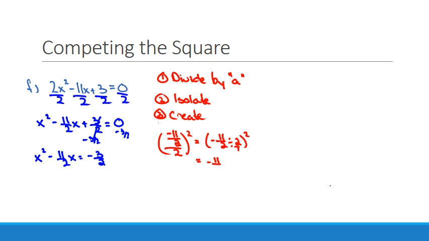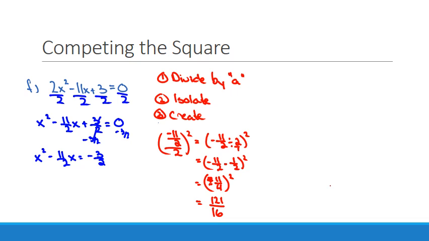Remember that we really multiply by the reciprocal. So it turns to -11 over 4. Sorry about that, I'm so sorry, guys. Now I square it, so it'd be 121 over 16. So now I'm going to bring that in.